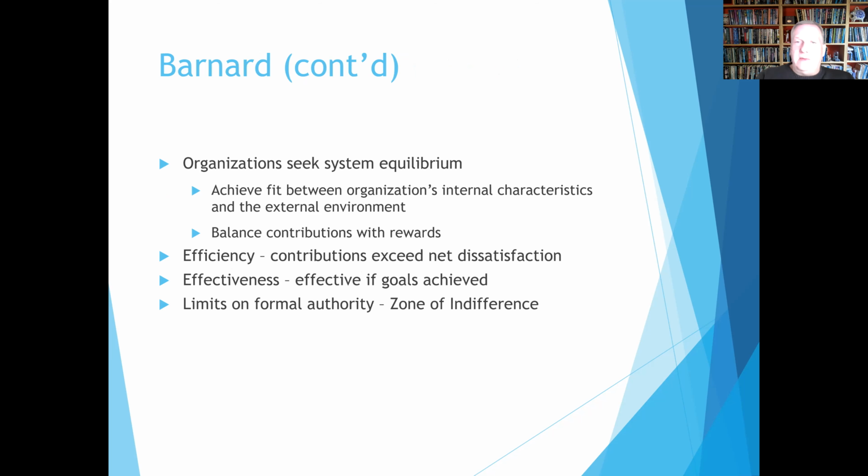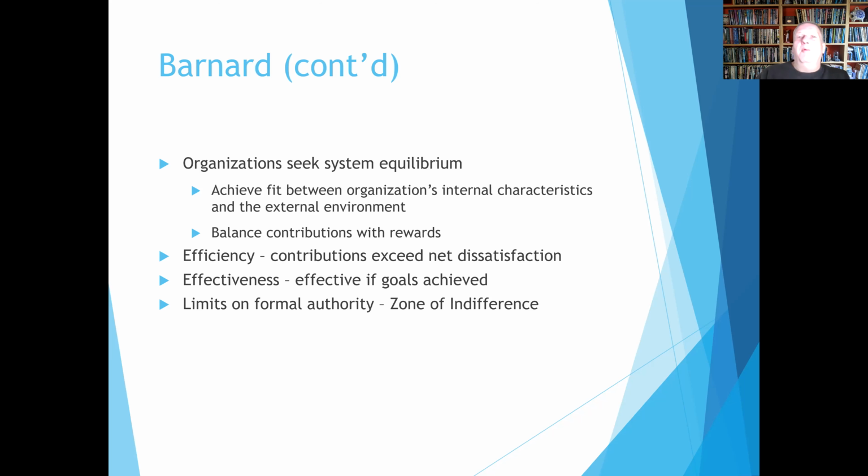An efficient organization, according to Barnard, is an organization in which the contributions that it extracts from its employees will exceed the net dissatisfaction of those employees. In other words, are you getting the contributions that you need in terms of productivity levels and effort levels from your employees that outweighs their dissatisfaction with having to give up those contributions?